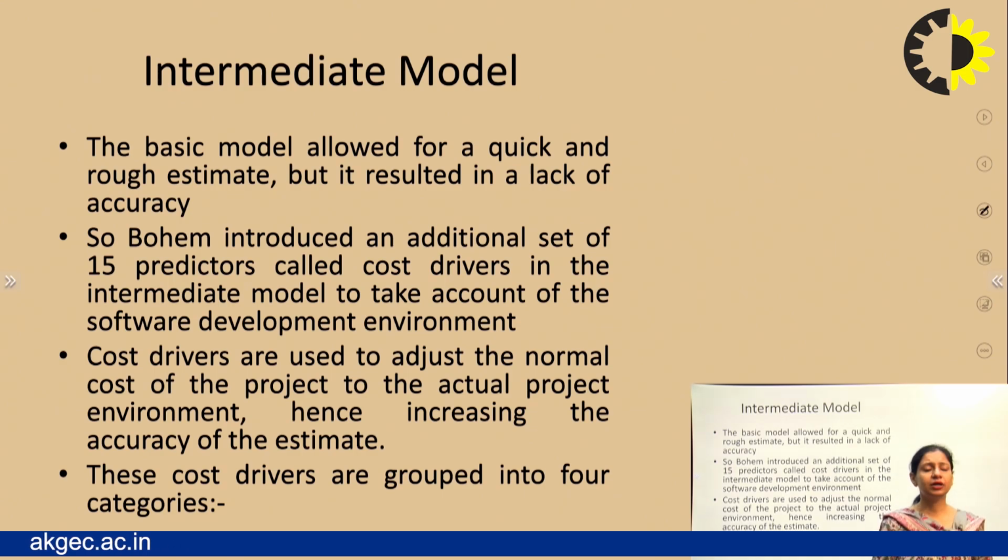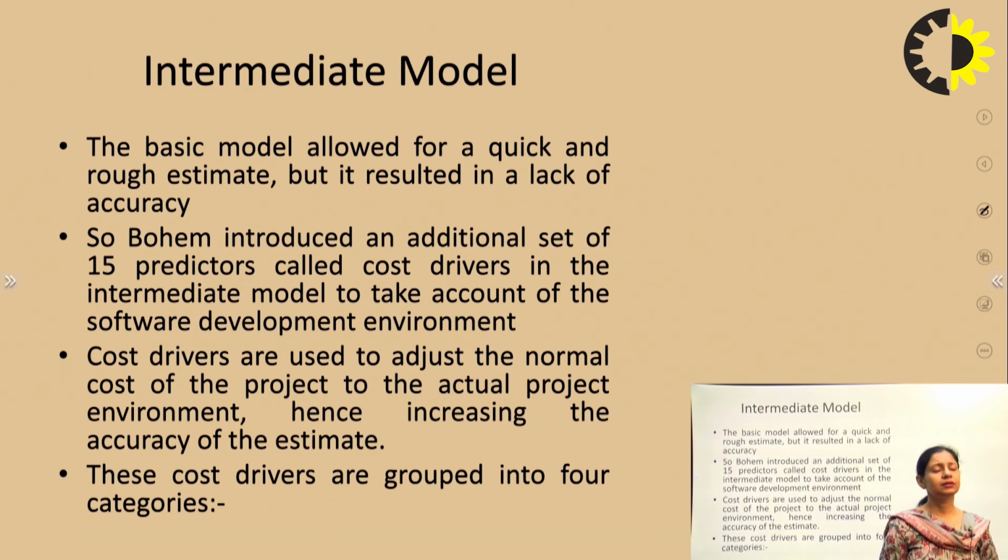Now, the next model that we have is the intermediate model. When we talk about the basic model, it allowed for a quick and rough estimate, but it resulted in a lack of accuracy, because there we were only talking about the effort and the development time required in order to develop software.